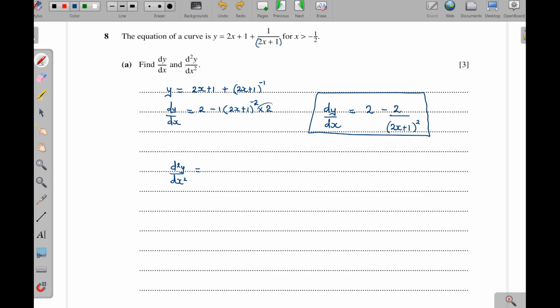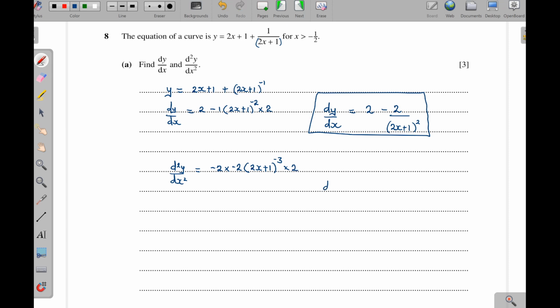Now here there is this 2 times the negative 1, that is a negative 2 already there. Then times, drop this power and it will multiply down here, negative 2, then (2x plus 1), and you reduce this power by 1, it will give us a negative 3. Then again enter inside and differentiate this one here, you get a 2.